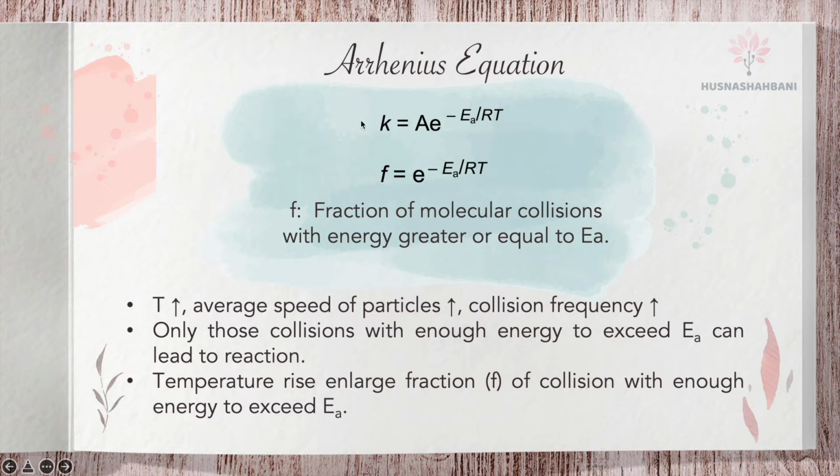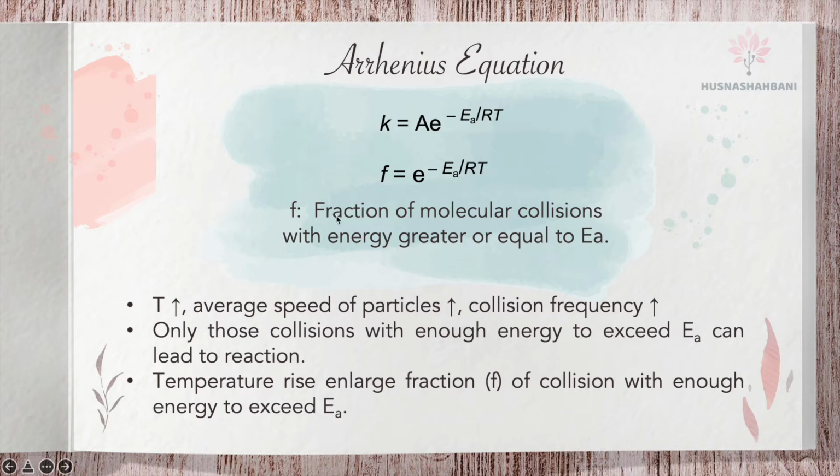This is the Arrhenius equation. k equals A e to the power of negative activation energy over RT, and f equals e to the power of negative activation energy over RT.